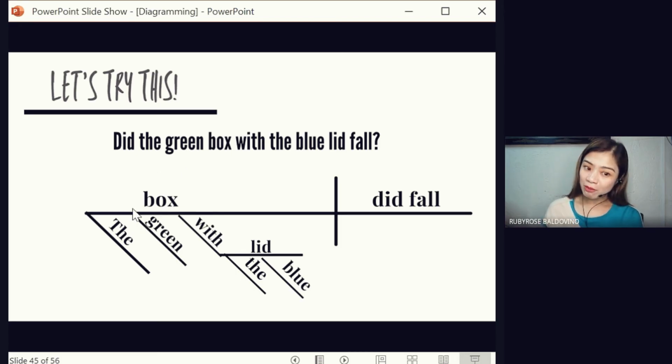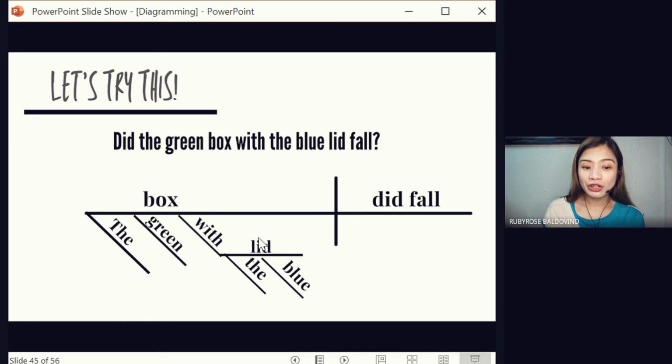So again, a modifier should be placed on a slanted line under the word it modifies. And then we have the prepositional phrase with the blue lid. So with is our preposition here. So we have to place our preposition on a slanted line, and our object of the preposition is lid, right? So we have to place it on a horizontal line.